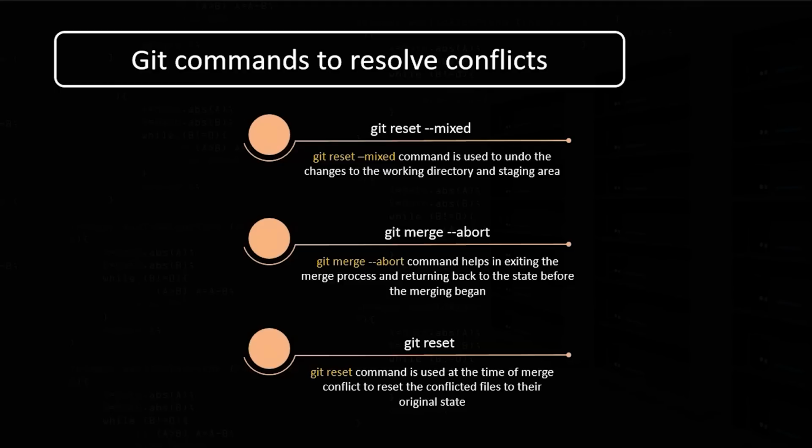So these are some of the commands which we can use to resolve merge conflicts in a Git repository. Now that was what we were trying to understand: what exactly Git merge is, how Git merge originated, how merge conflicts get created, and how we can resolve them.